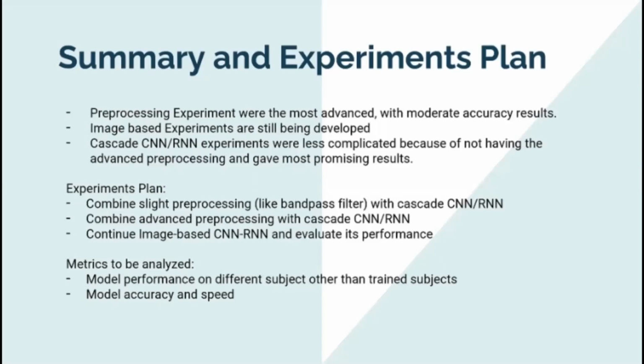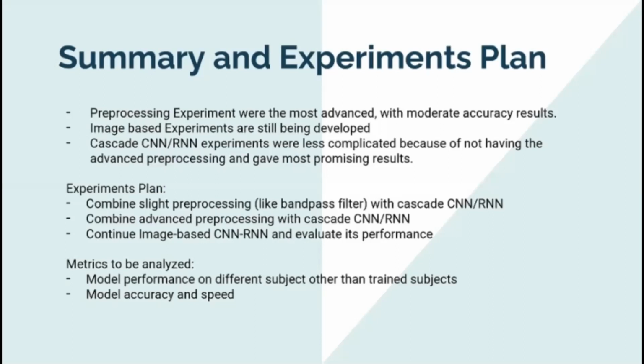As for the future experiments, we are planning to improve on the cascade CNN and RNN, such that it will act as the starting point for our experiments. Therefore, we will start by combining slight preprocessing like a bandpass filter with the cascade CNN RNN. We will also, for experimentation purposes, try to combine advanced preprocessing with the cascade CNN RNN.